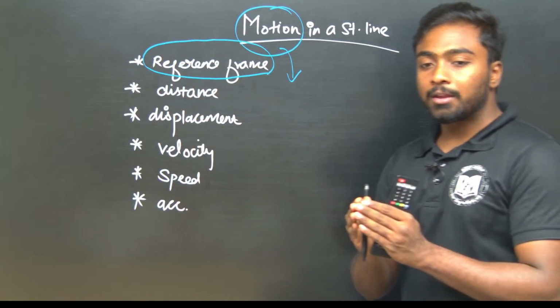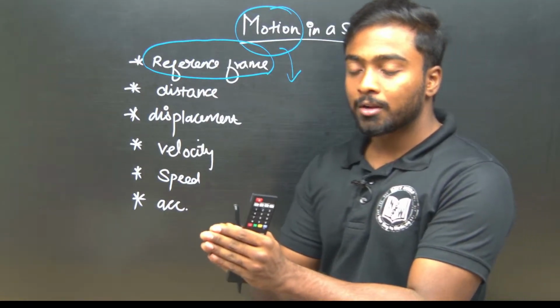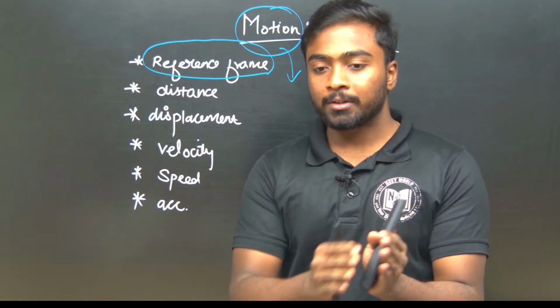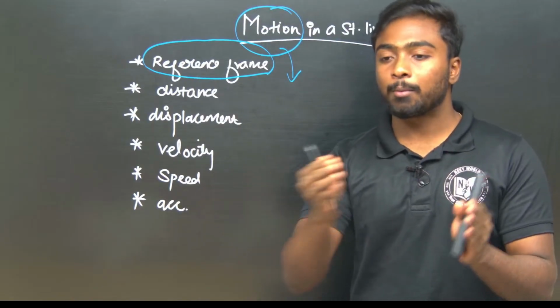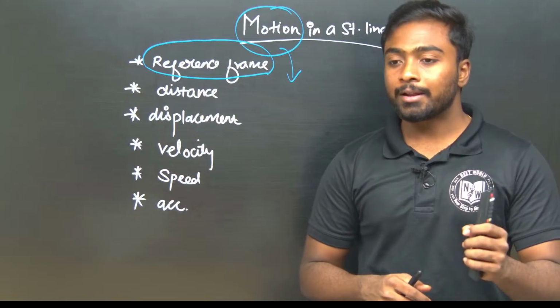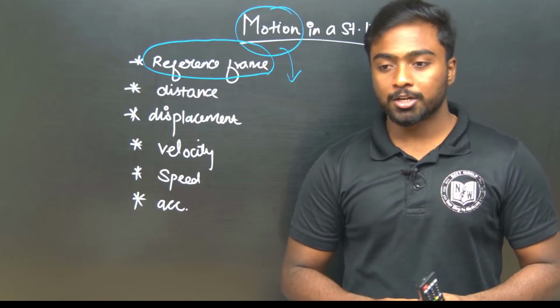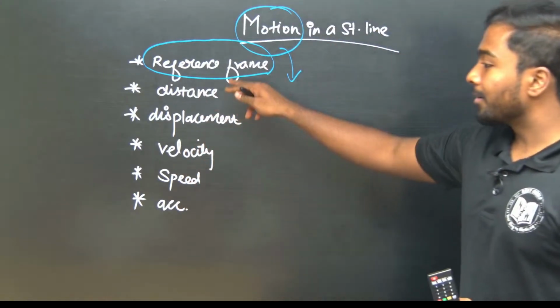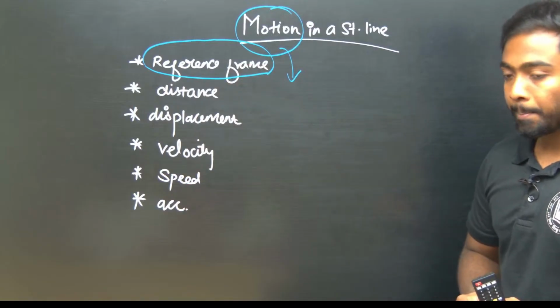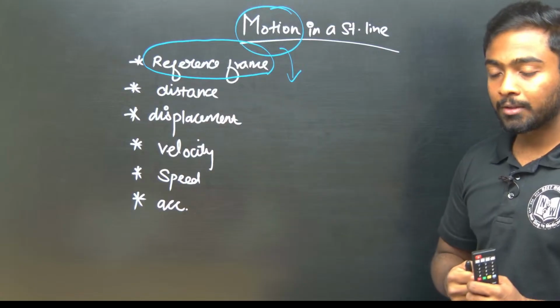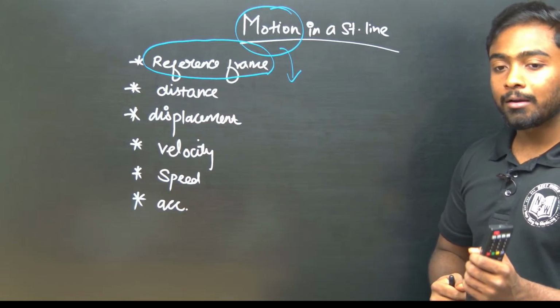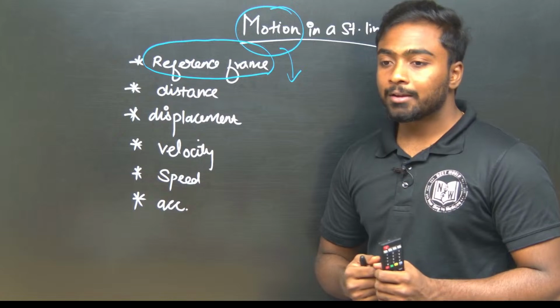Like if I say object A is in motion with respect to B, B is there but A changes its position from one point to another point, then I will say the object is in motion. So there I am using the reference frame. Next, distance and displacement. Displacement is nothing but final position minus initial position.